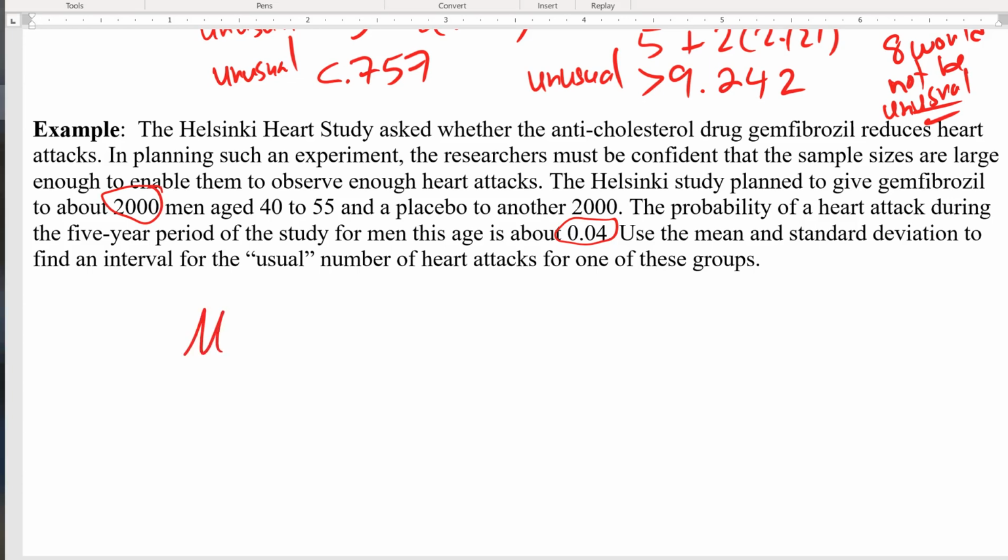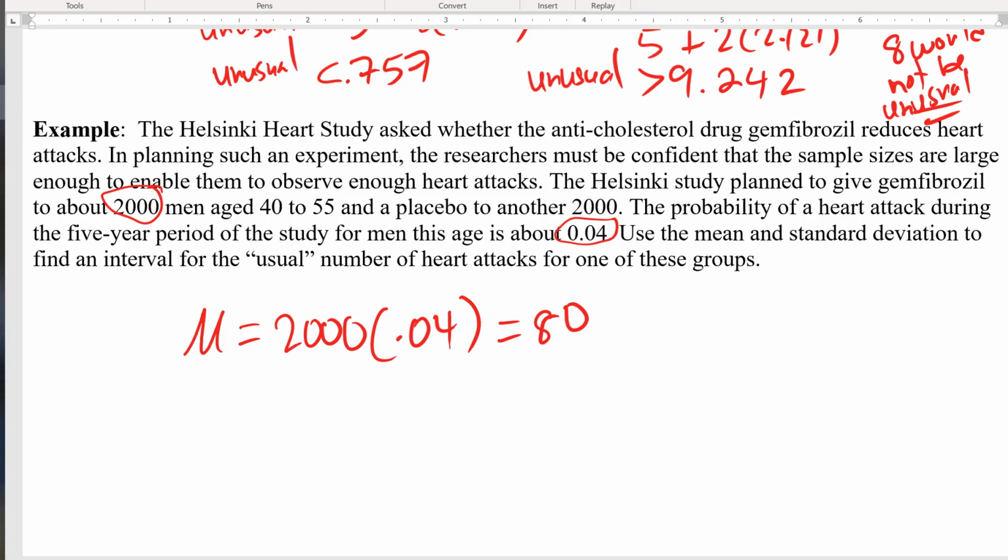Well, n times p. That should be, I think, 80. On average, we would expect 80 heart attacks. Does that mean that's always going to happen? No. There's going to be kind of a lower and an upper bound unusual, right?